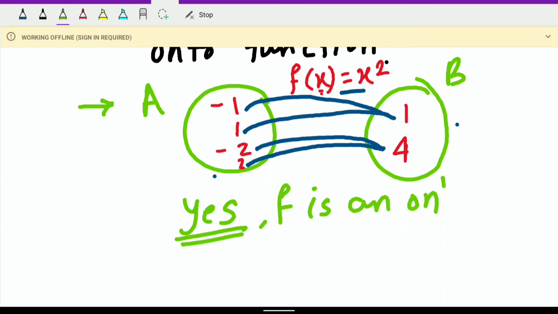F is an onto function. Okay, what is the reason behind it? Because every element in B has its pre-images in A, right?